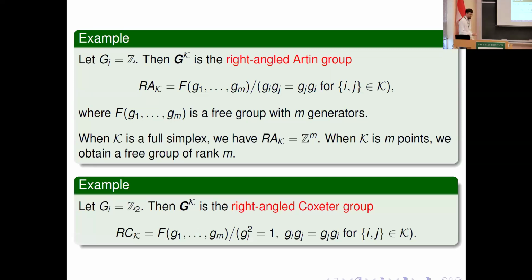Second example: let G_i be Z_2. Then G_K is the right-angled Coxeter group. Different from the right-angled Artin group, we have the relations g_i squared equals 1.